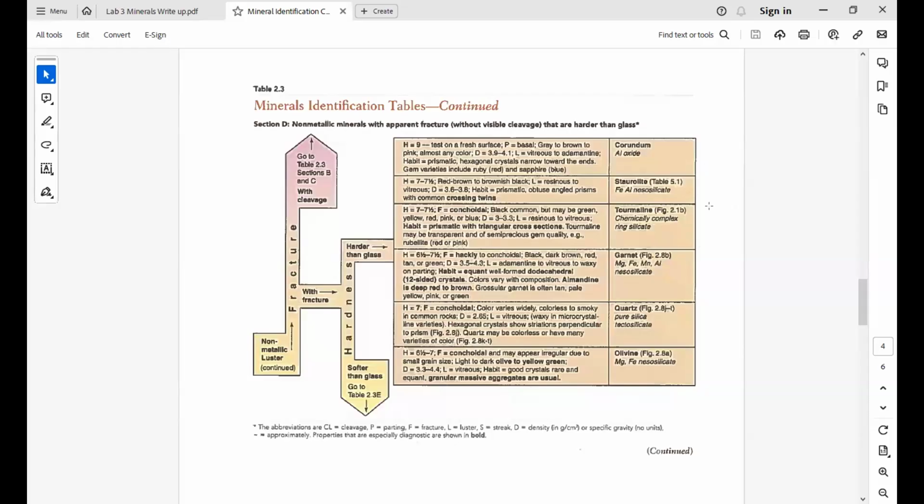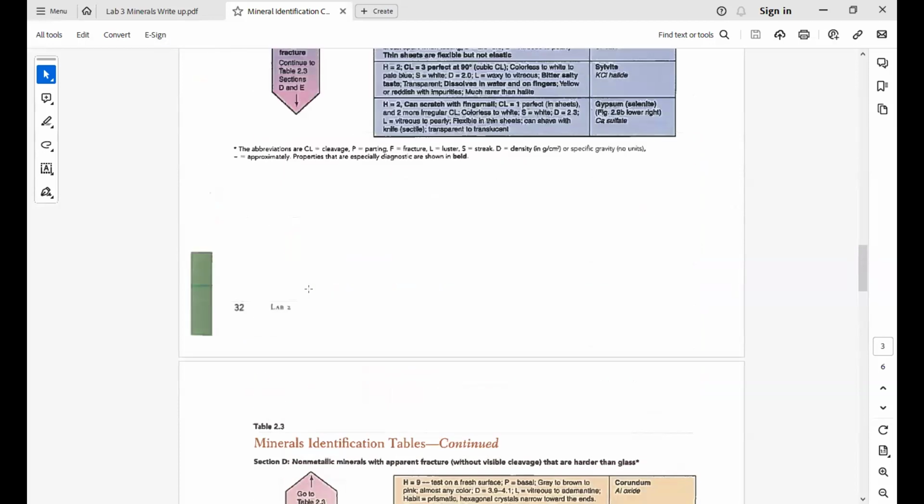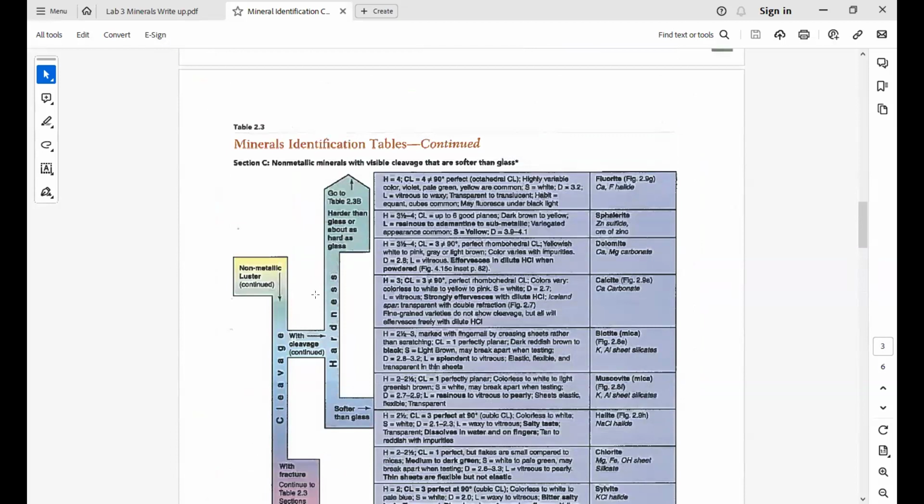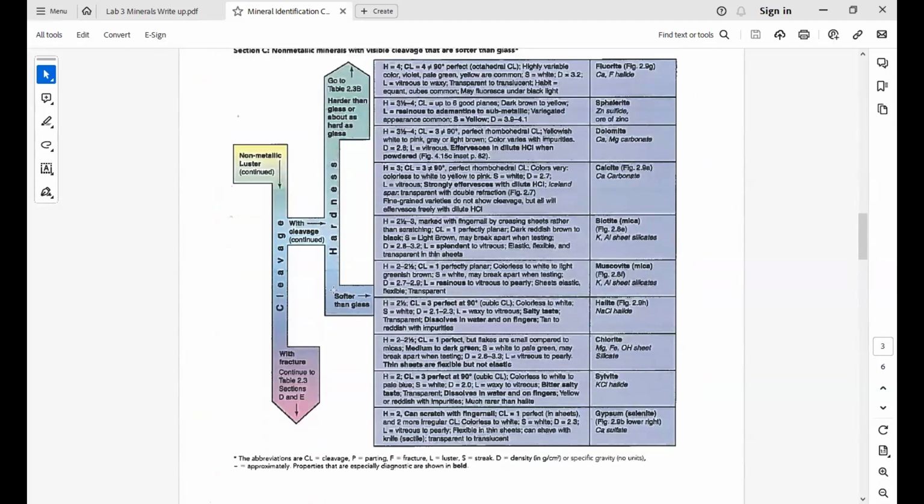So now we have something that has cleavage, but it's softer than glass, right? So we want to go back up to section C. And let's see, start at the bottom. Hardness of 2, can scratch with a fingernail, cleavage of 1 perfect in sheets, and 2 more irregular cleavages. Oh, well, that doesn't fit.